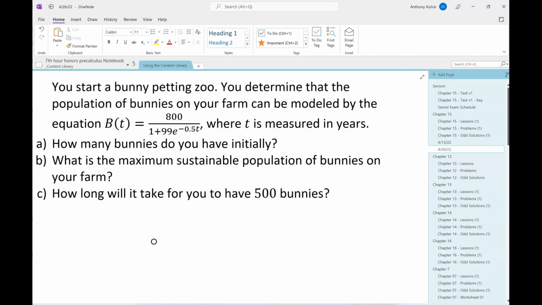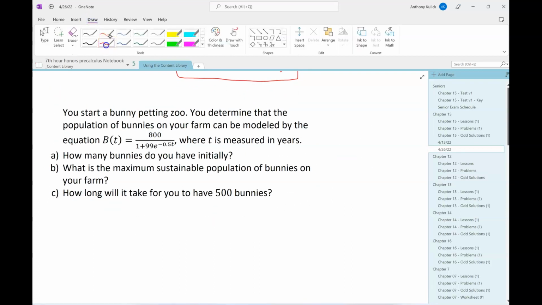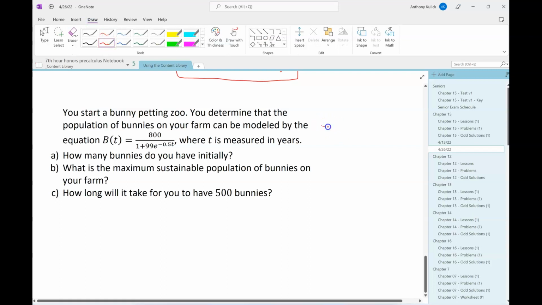So another model that we can use that's often effective is a logistic model. The logistic model is nice because you have two asymptotes built into it. So you have an upper bound and a lower bound, where it kind of looks like that in between. The lower bound here happens at y equals 0, and the upper bound happens at y equals c.